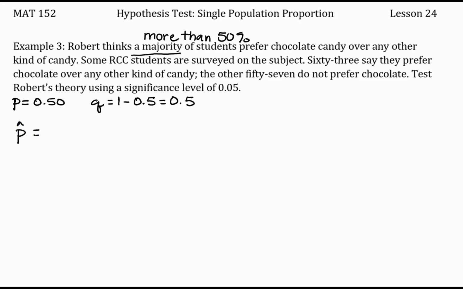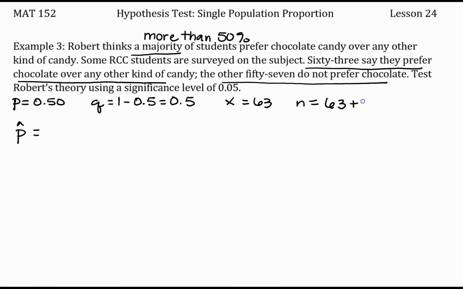X is the number of successes because 63 say they prefer chocolate over any other kind. But to find our N, our sample size, that consists of the 63 students that say they prefer chocolate added with the 57 who do not prefer chocolate. So we have to add both of those together to get our total sample size of 120.